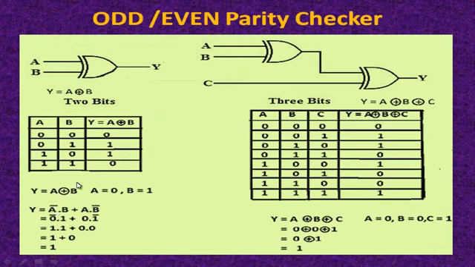Isn't it? And we know the logic of this equation. What is the logic, students? Either A is true or B is true, but not both, then Y is true. Means if two same inputs are present or two inputs are high, then output will be low.